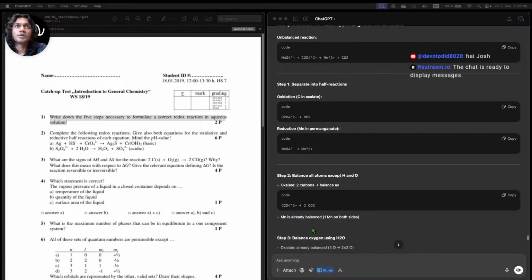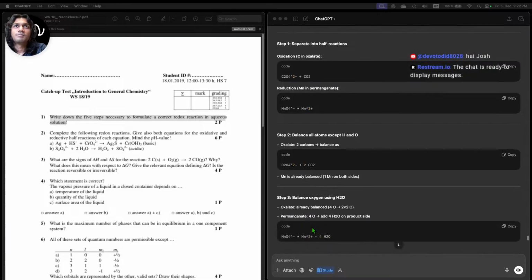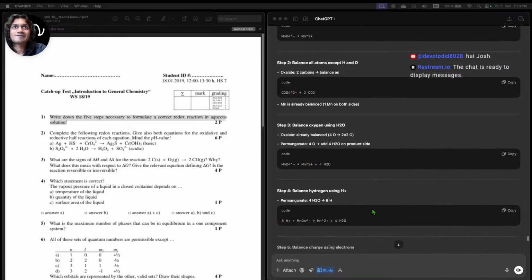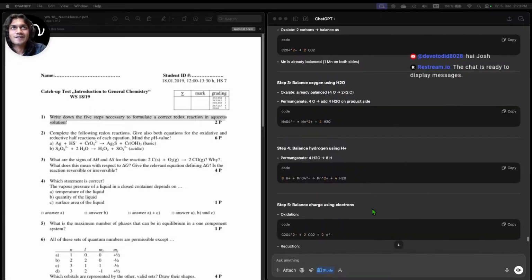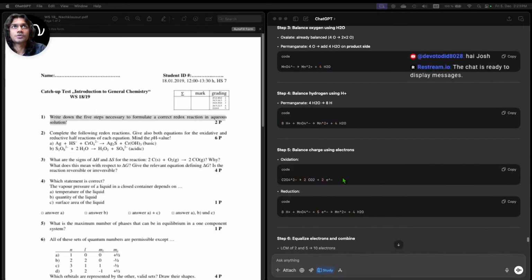Mn is already balanced. Okay. Balance oxygen using H2O. So H2O goes to the other side. Got it. Balance charge using electrons.